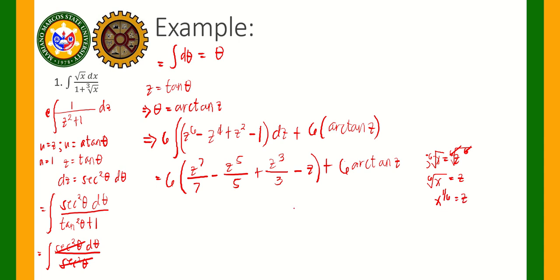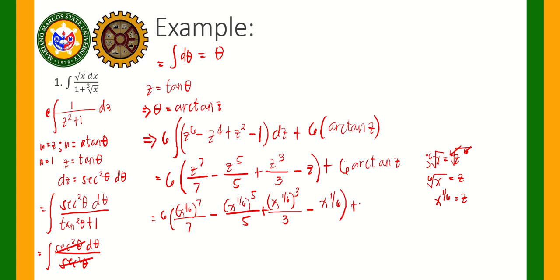So, ito yung i-substitute back natin dito sa mga z dito. So, this will be equal to 6 times x raised to 1 over 6 raised to 7 over 7 minus x raised to 1 over 6 raised to 5 all over 5 plus x raised to 1 over 6 raised to 3 all over 3 minus x raised to 1 over 6, and then plus 6 arctan z.